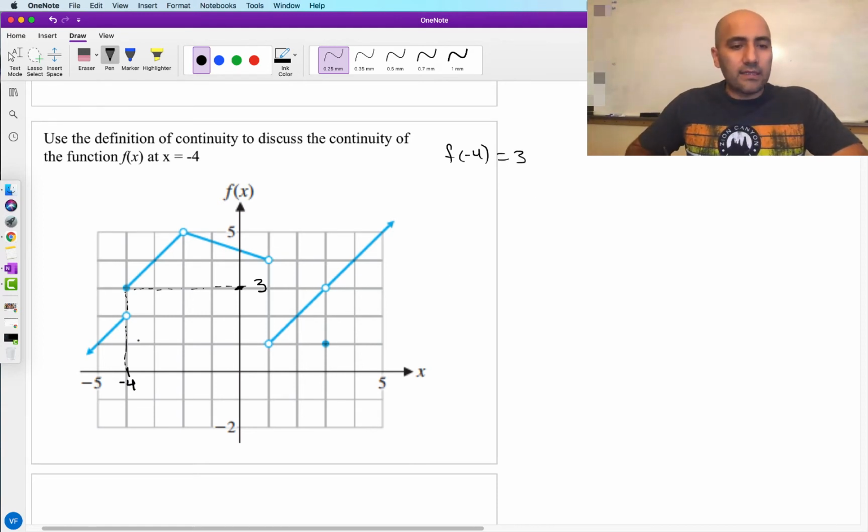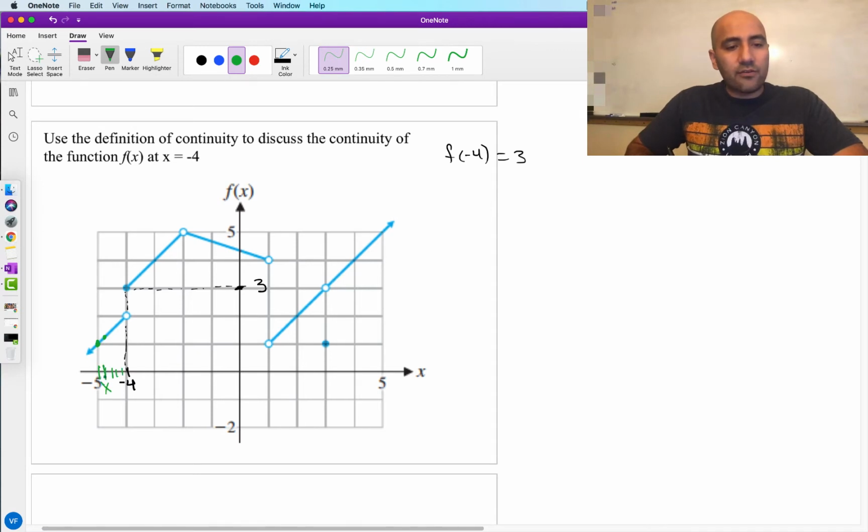Okay, what about the limit? The limit as x approaches from the left-hand side, as I choose x values that start here, say at -5, the output is that one. And then a little closer to -4 from the left-hand side, the output is that one, and then that one, and then that one, and that one.